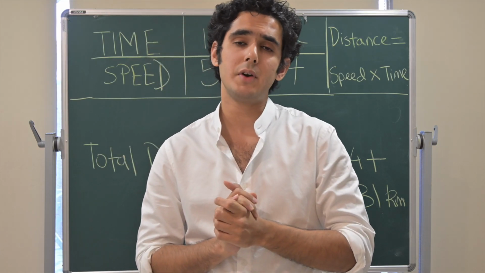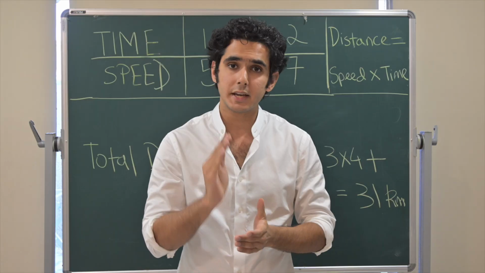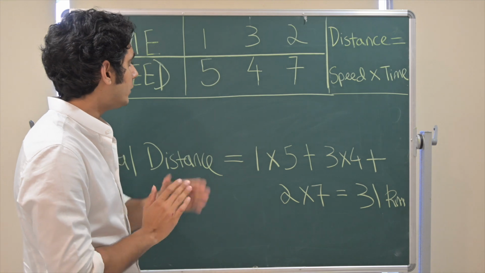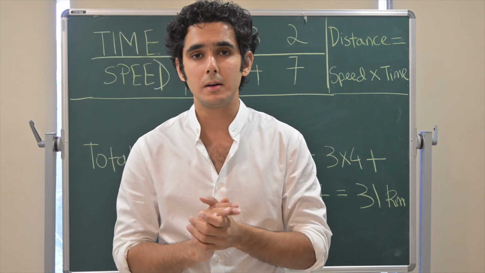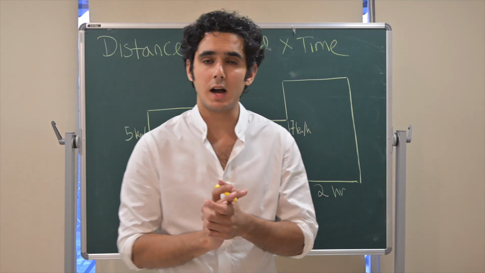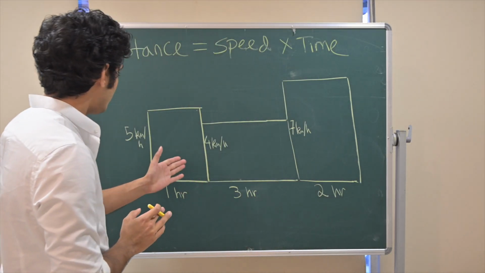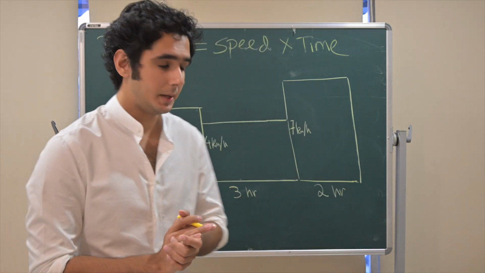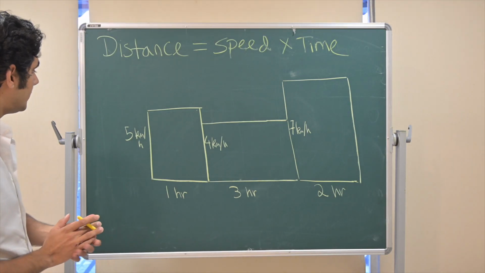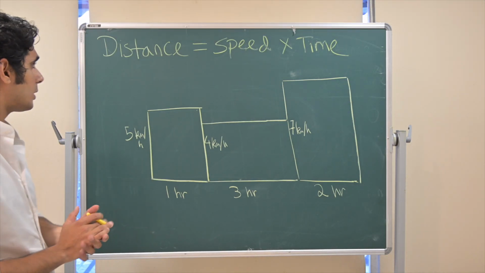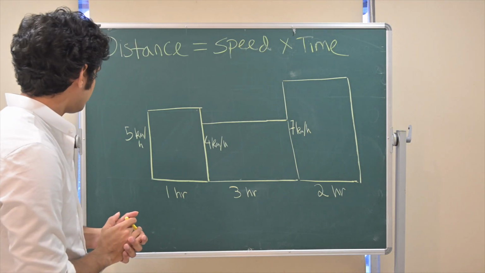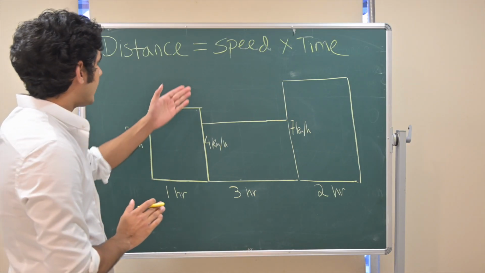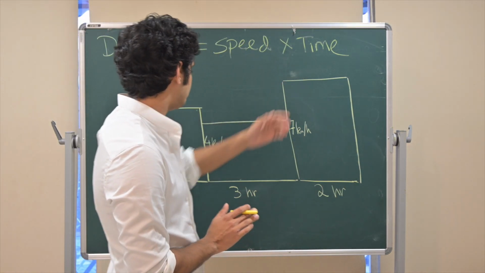Now, this is not a very interesting problem. What is interesting is, can we imagine what's happening here? Can we visualize what's happening here mathematically? So to visualize our journey so far, I have drawn a little diagram that records the information that we were given visually. So for the first hour, we traveled at a speed of 5 kilometers per hour. Now, the total distance that we covered during this time period can be calculated with the formula speed times time.